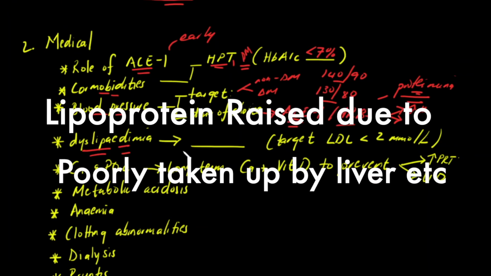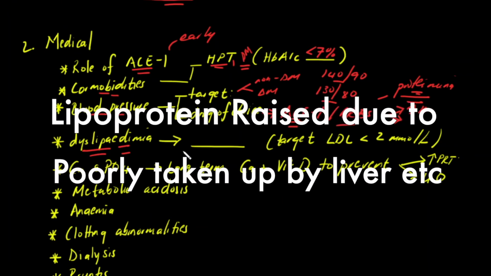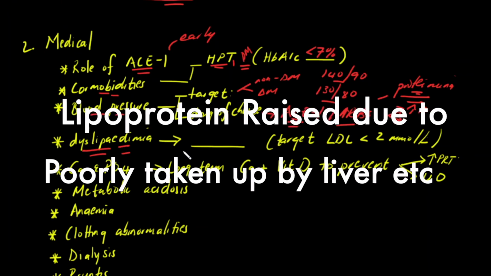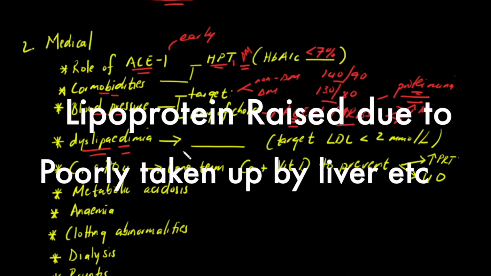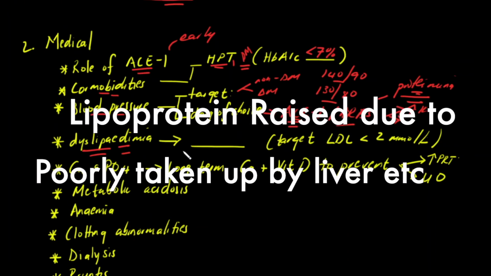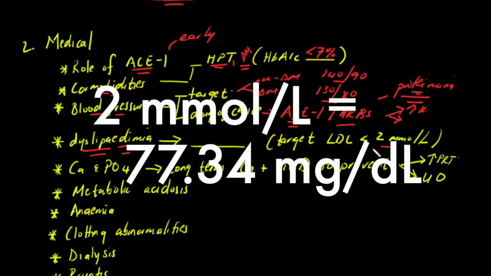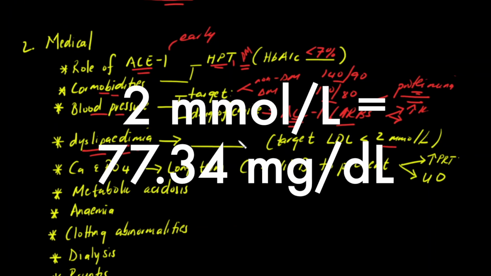This is due to poor uptake of your triglyceride-rich lipoproteins by the liver and peripheral tissue, and thus it's natural that there will be increased circulating lipoproteins. So they typically have a very deranged lipid profile, and typically we have a target of LDL less than 2 millimoles per liter. You can convert that into units.